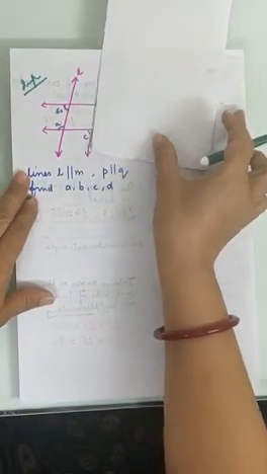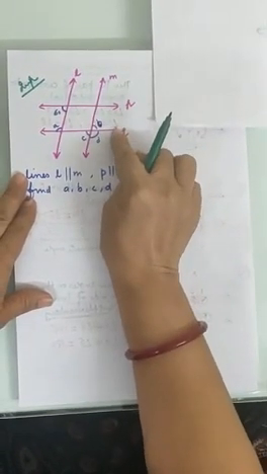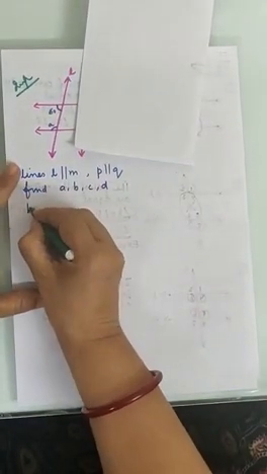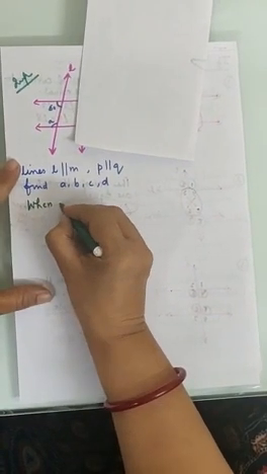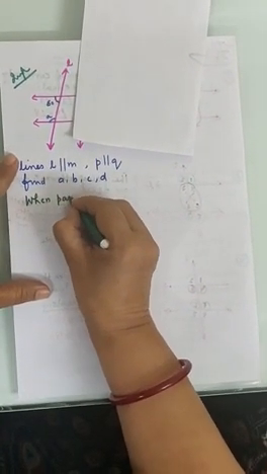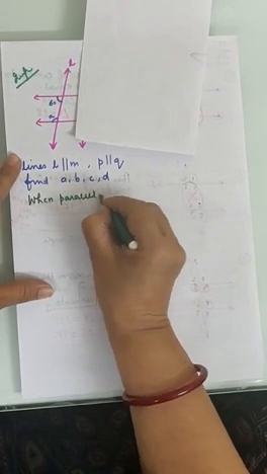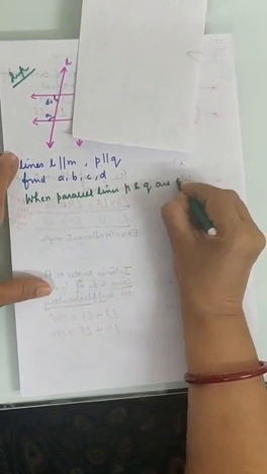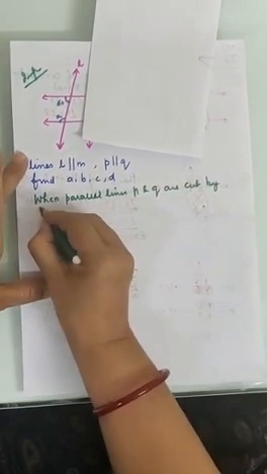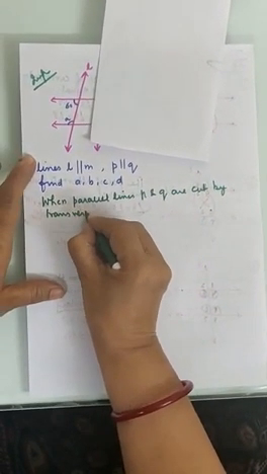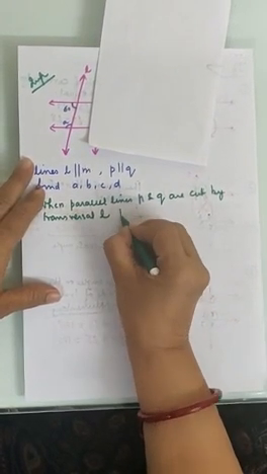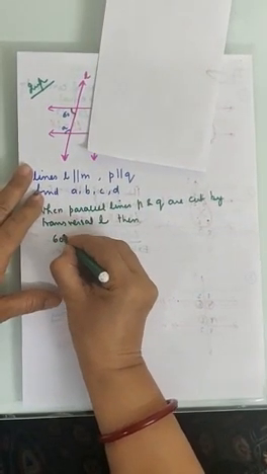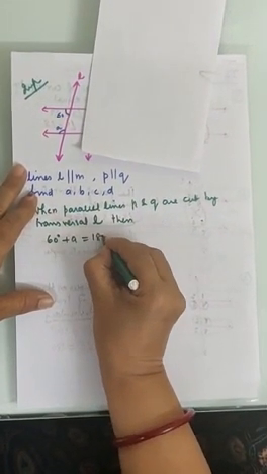So we will write here, P is parallel to Q, cut by transversal L. So we'll say, when parallel lines P and Q are cut by transversal L, then 60 degrees plus angle A is equal to 180 degrees.